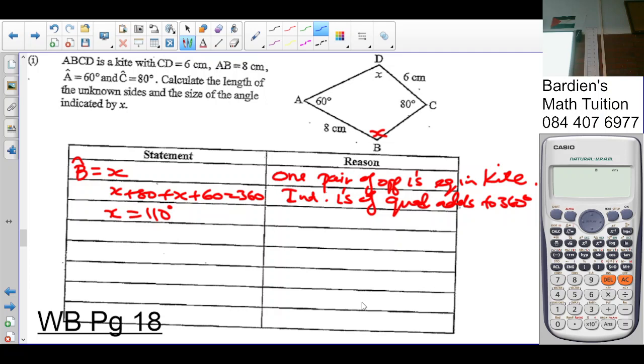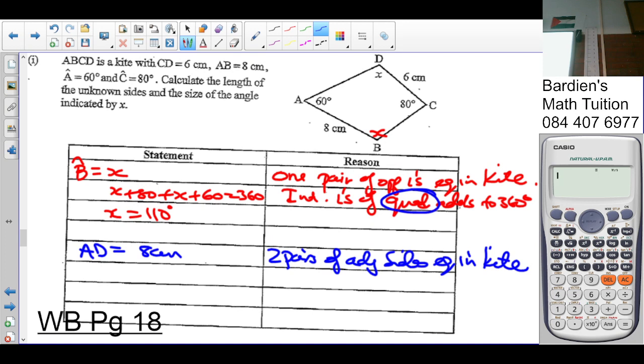Then I want you also to give the unknown sides. So AD is 8 centimeters. Why? Two pairs of adjacent sides equal in a kite. If you had said interior angles of a kite add up to 360, that would also have been correct. Okay?